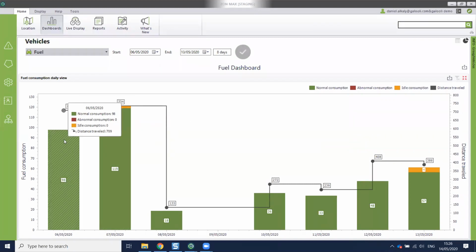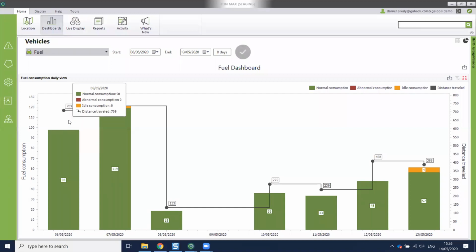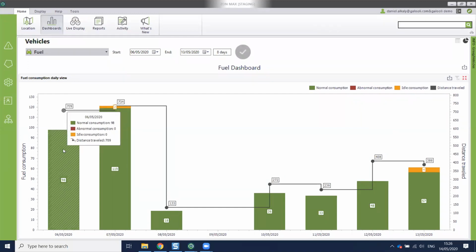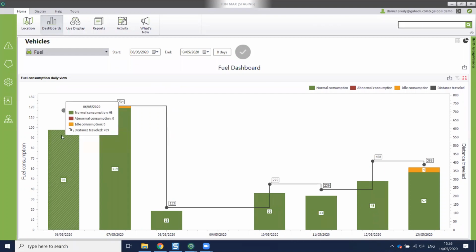As I mentioned before, we can't really discuss fuel consumption without addressing it together with distance traveled. Okay, so what we're trying to do here is see a correlation between the operational fuel consumed and the distance traveled. The distance traveled is indicated by this black bar. And you can see that there is a correlation here.